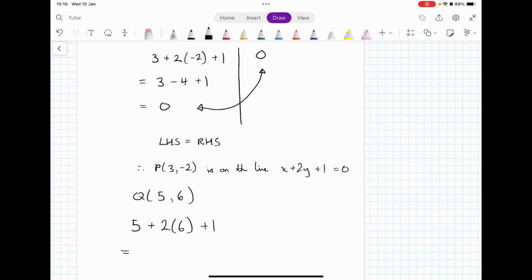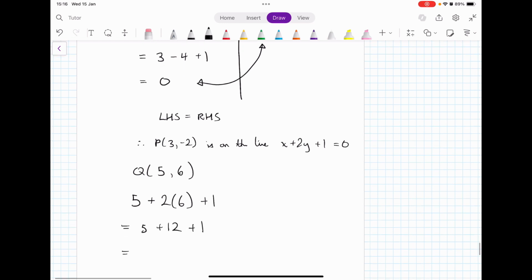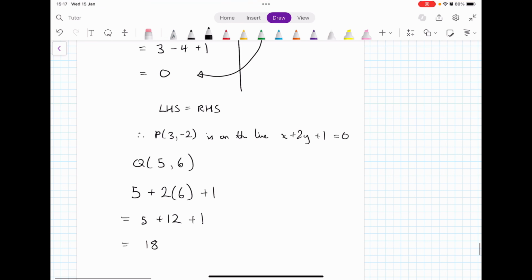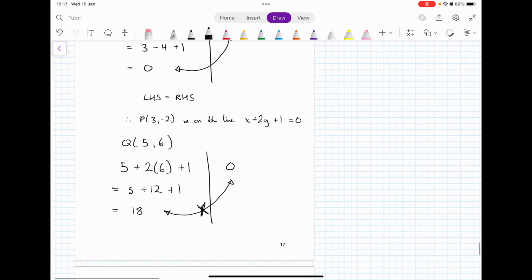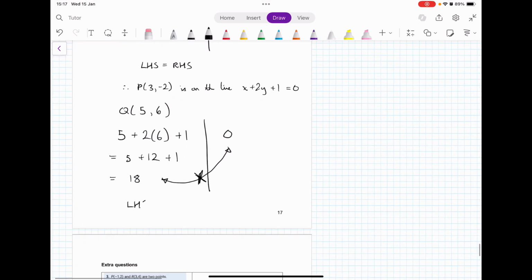So 5 plus 12 plus 1, and you can see straight away that that definitely does not equal 0. That is equal to 18, and the right-hand side is equal to 0. So these values are not the same. So the left-hand side is not equal to the right-hand side. Therefore, Q is not on the line.